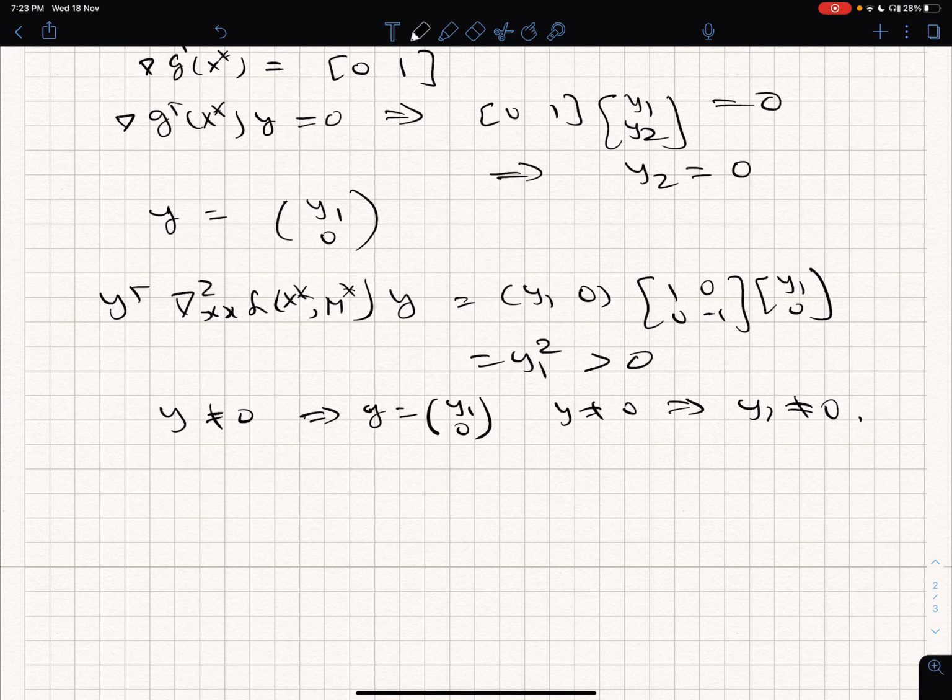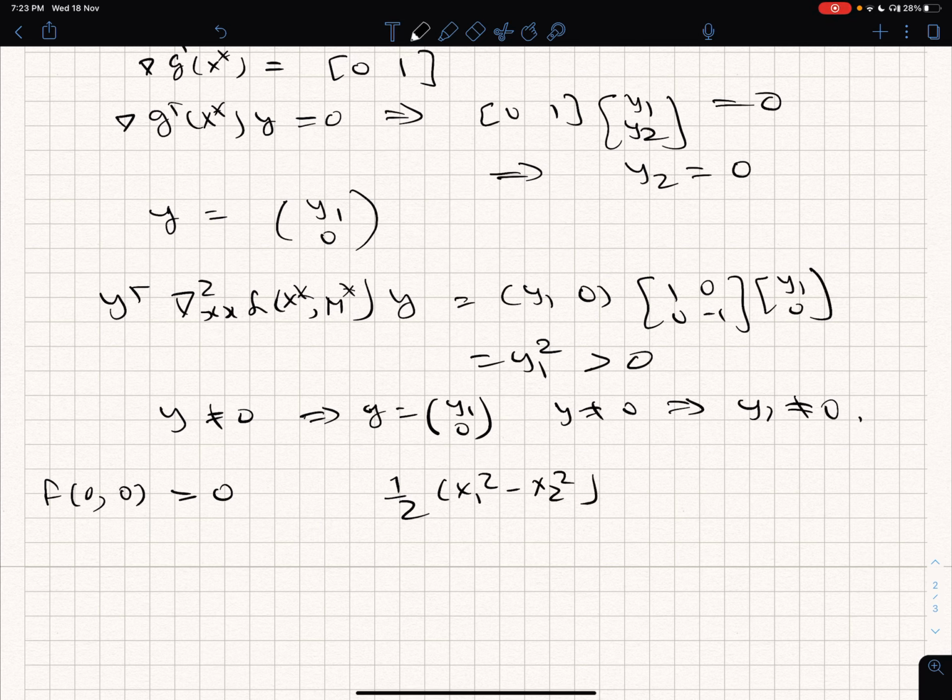See, if you are at 0 0, f of 0 0 is of course 0 because your function is half of x1 square minus x2 square.